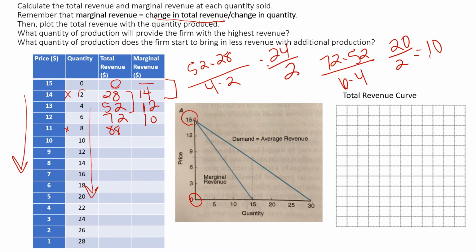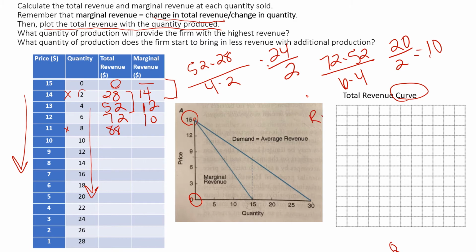Okay, so then we can come over here and we can plot our marginal revenue curve. It says plot the total revenue curve with the quantity produced. I don't care which you put where here, but I'll put quantity on the bottom and revenue on the top.